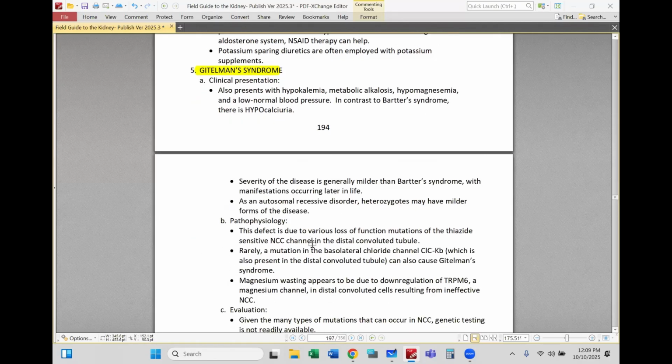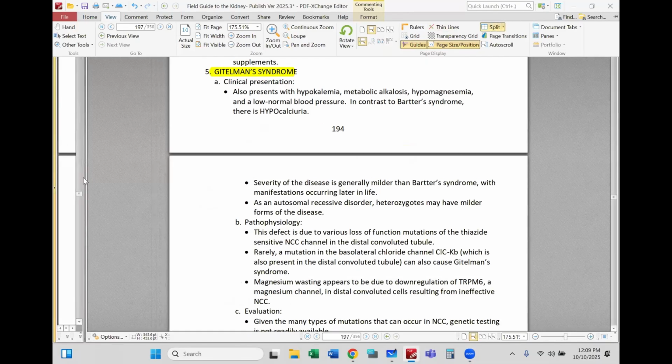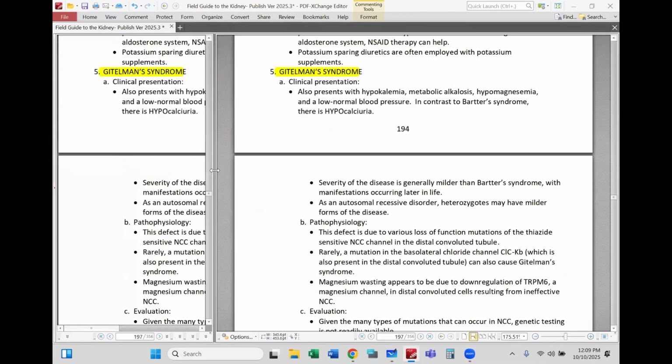Let's then move on to Gittleman's. And let me get organized so that I can move more quickly. So I have to split my screen, if you'll just bear with me for a second. Very good.